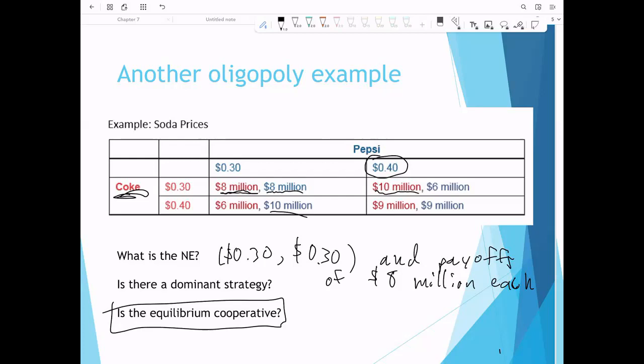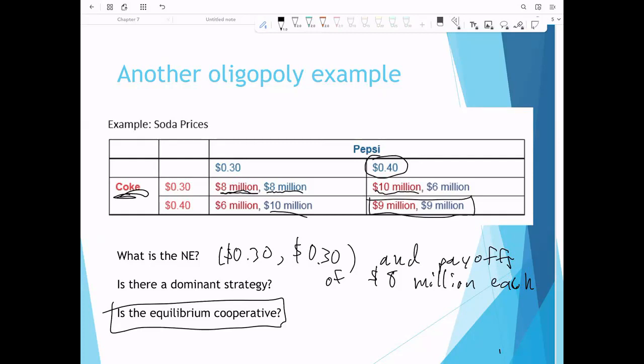Something that you might be picking up on is if they both have a dominant strategy, that has to be a Nash equilibrium, which should make some intuitive sense, right? Is the equilibrium cooperative? The idea here is no, it is not cooperative. There is a Pareto improvement if they were able to figure out how they could cooperate, but we don't have any mechanism for that to work right now.